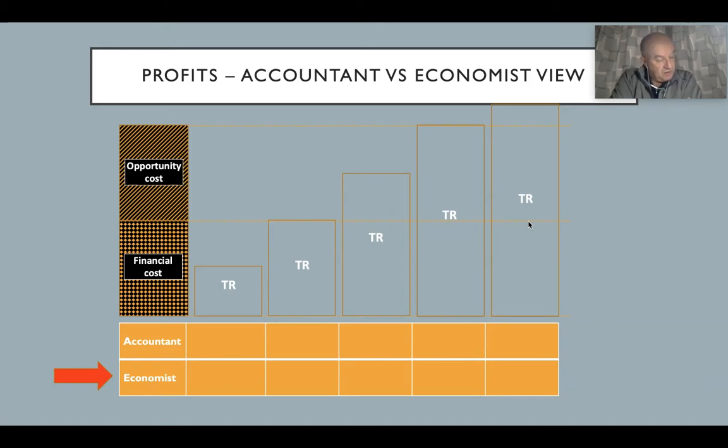But when we're talking about normal profit as far as economists are concerned, it's essentially the same as break even, where normal profit is only earned where total revenue equals total cost. So that's quite an important principle to understand.